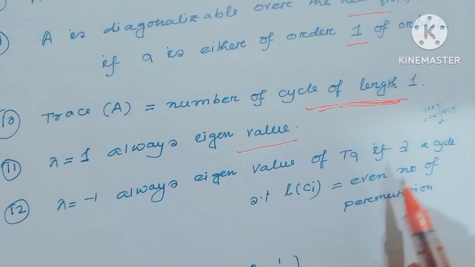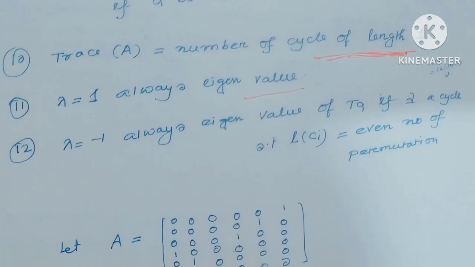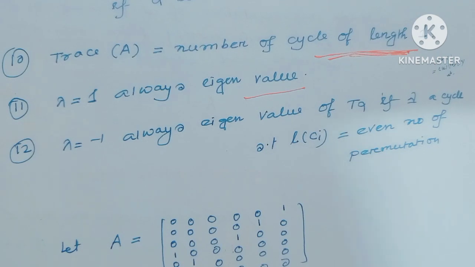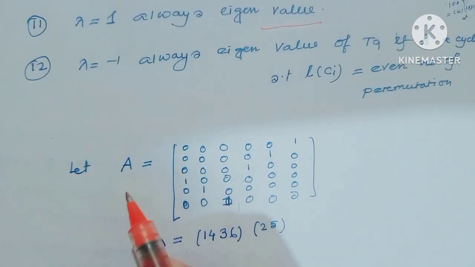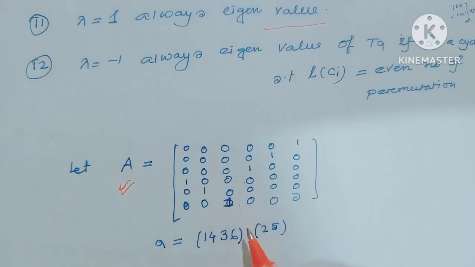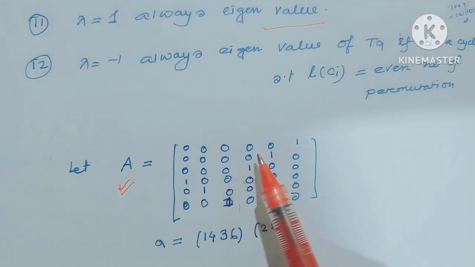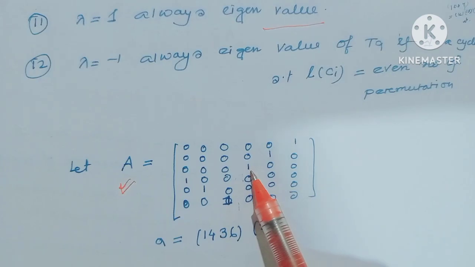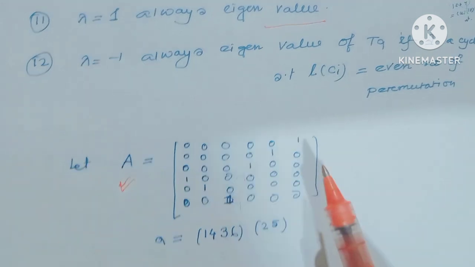And if there exists a cycle of even length in the permutation, then minus 1 is always an eigenvalue. Consider this matrix. This is 1 goes to 4, 4 goes to 3, 3 goes to 6 and 6 goes to 1, and 2 goes to 5, 5 goes to 2.